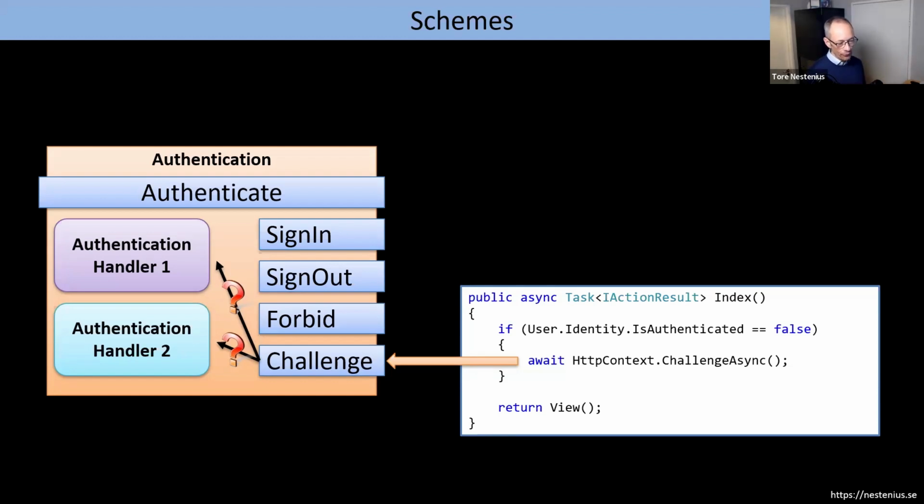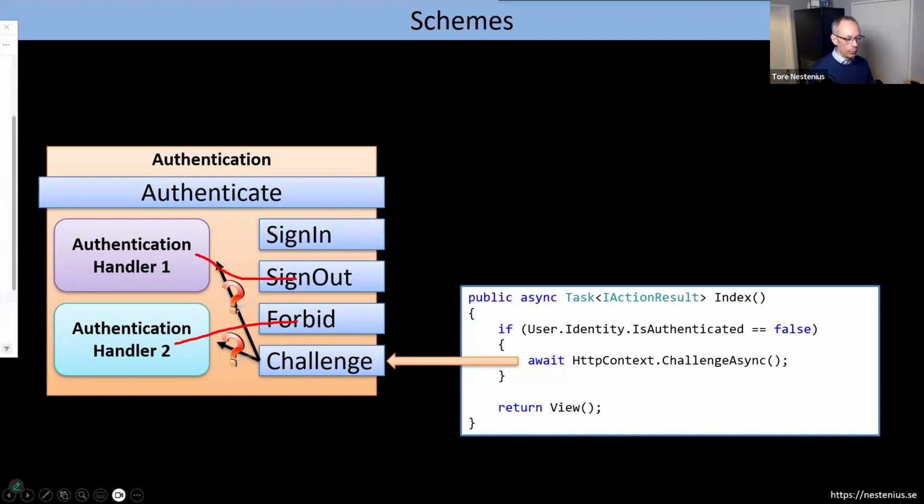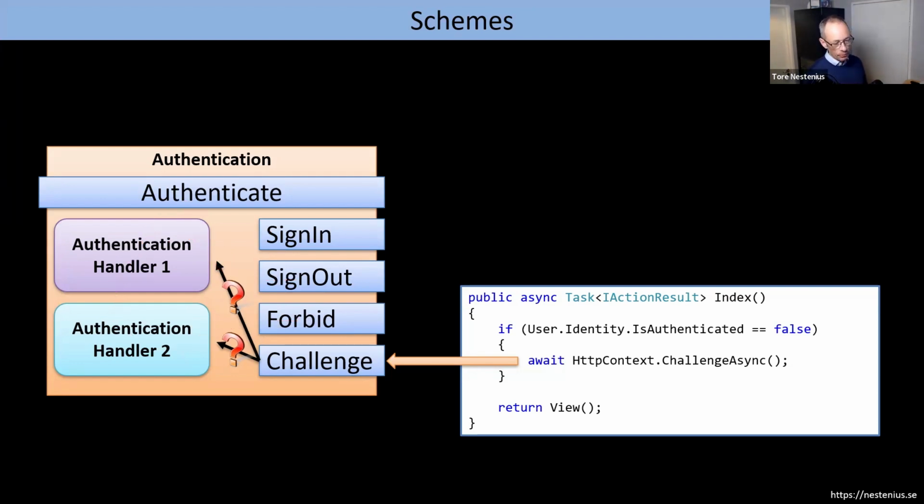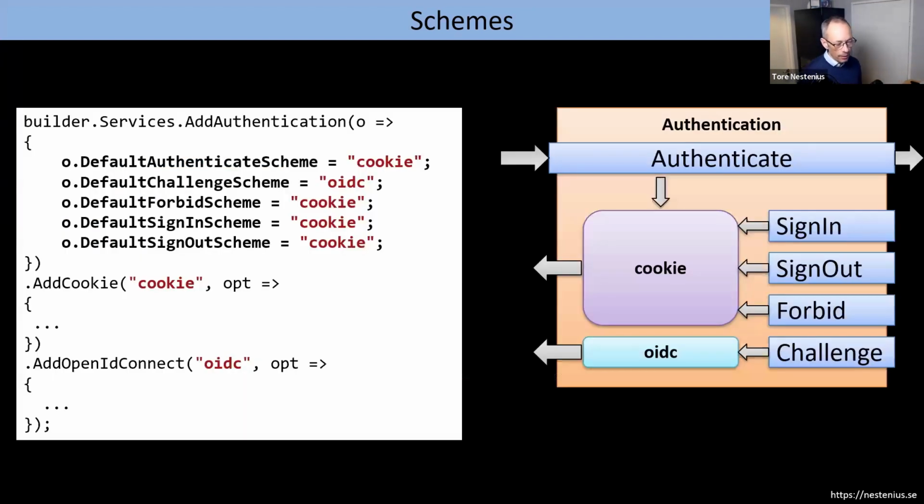I don't want to have both. So we need some way to do this mapping between those operations and who will do which one. And that's all up to you, how you want this configuration to be. So what we can do is to define a scheme.